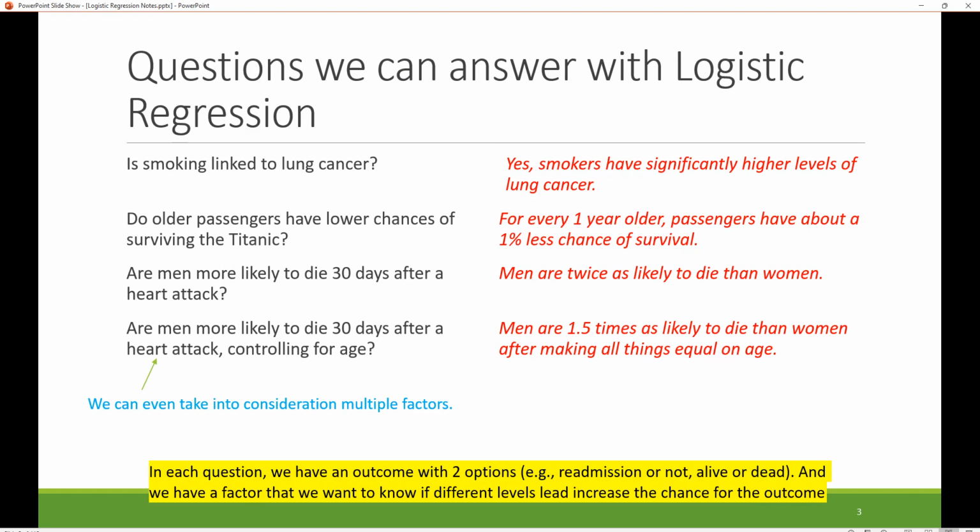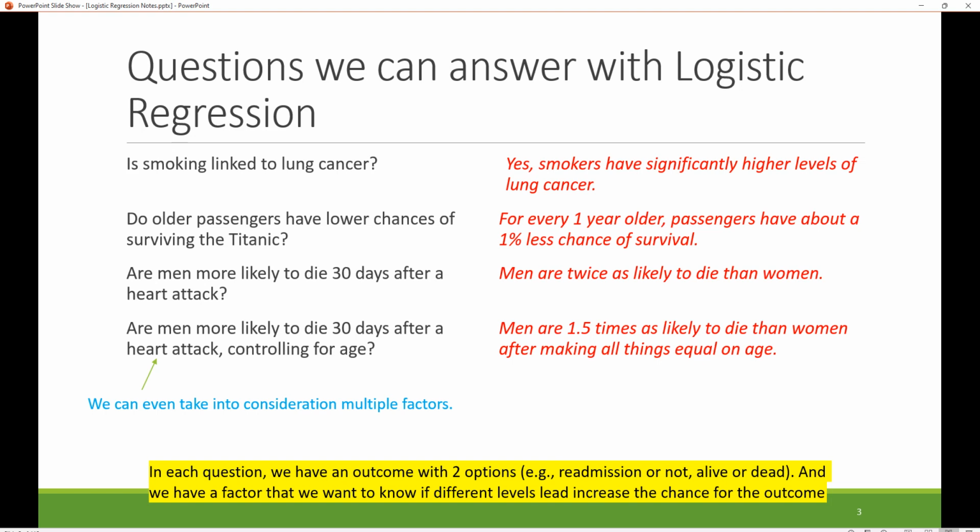So, questions that we can answer with logistic regression, just to give us an idea of why we would want to learn logistic regression. For example, is smoking linked to lung cancer?